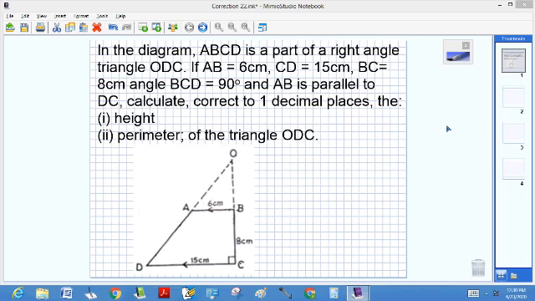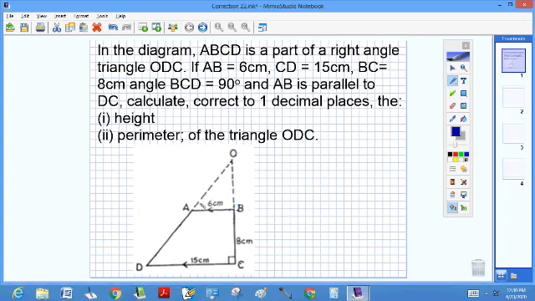For example, angle AOB is equal to angle ODC, and angle DCO, which is 90 degrees, is equal to angle ABO, which is this 90 degrees here.